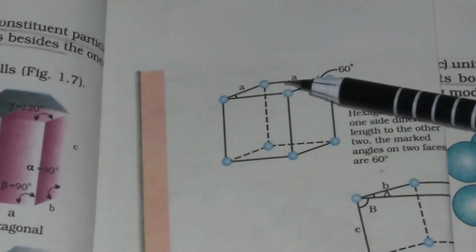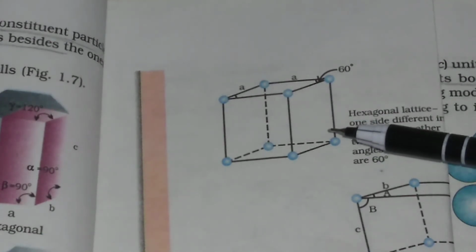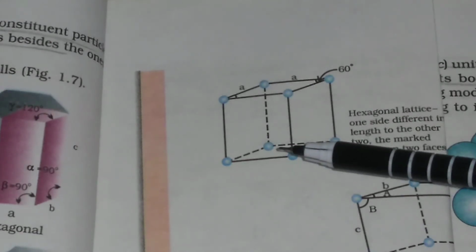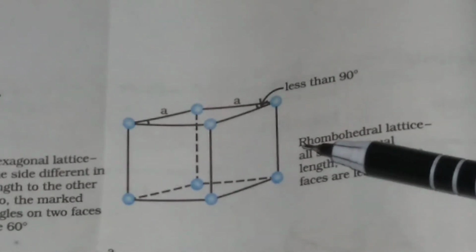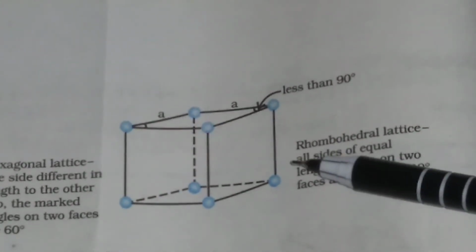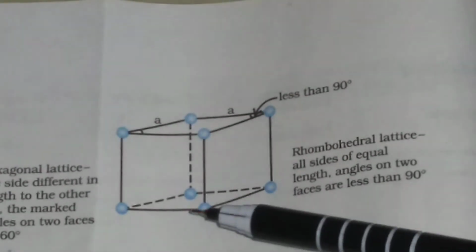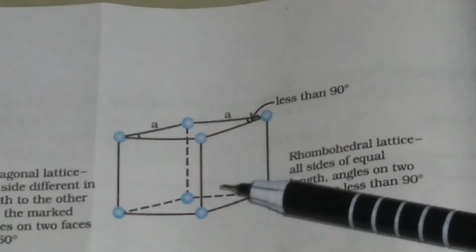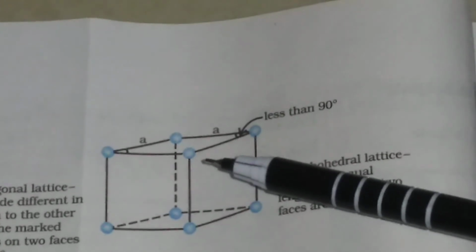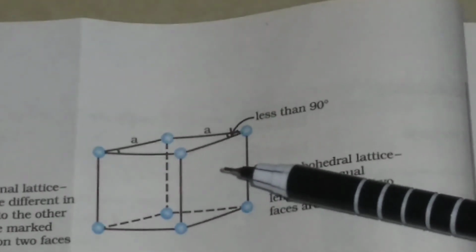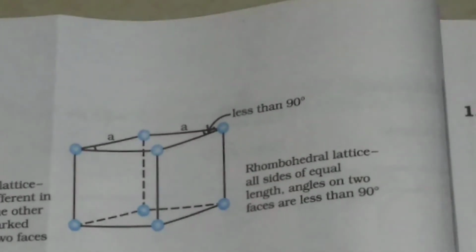This is your gamma which is 120 degrees, this is your alpha which is 90 degrees, and this is your beta which is also 90 degrees. This is your rhombohedral or trigonal primitive structure in which a = b = c, and this is your alpha, this is your beta, and this is your gamma. Here alpha = beta = gamma, not equal to 90 degrees. None of the angles are 90 degrees.